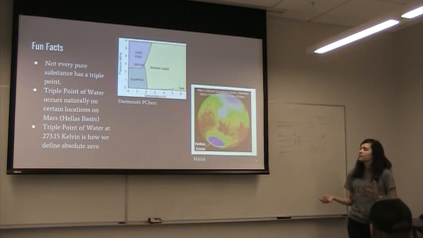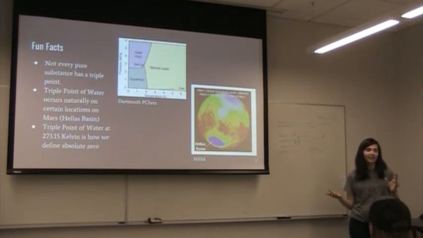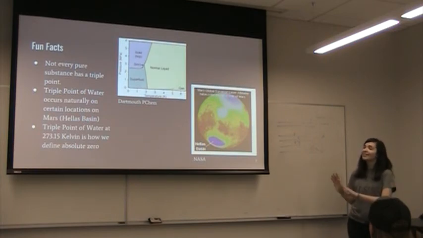But NASA has looked into certain points like the Hellas Basin where the pressure is just low enough for it to be liquid, where the triple point could theoretically occur. Even a change in the wind or the sun coming out could affect that. So it'd be finicky, but I like that it's at least theoretically possible on one planet.